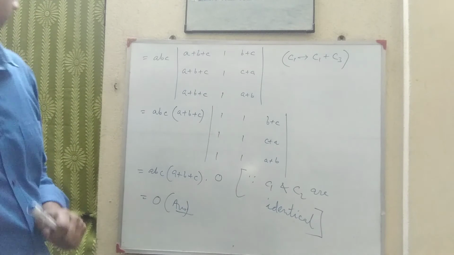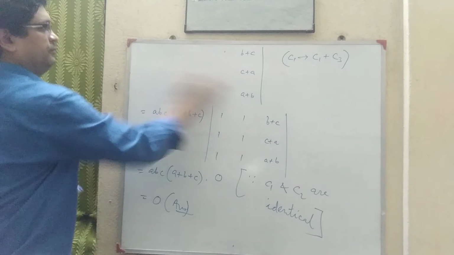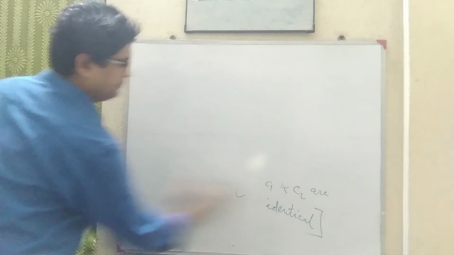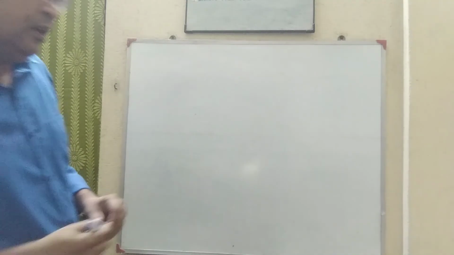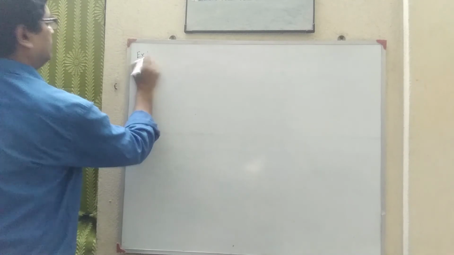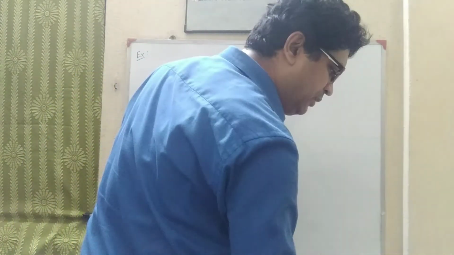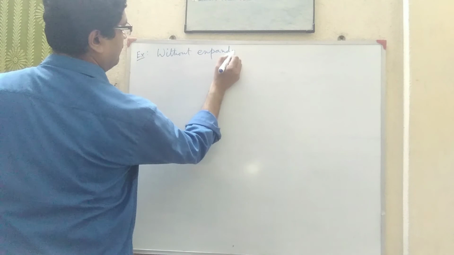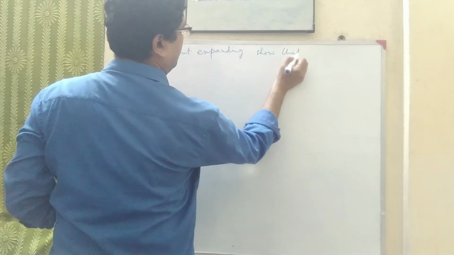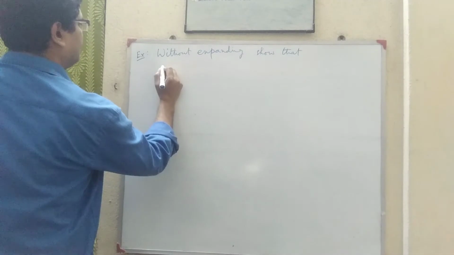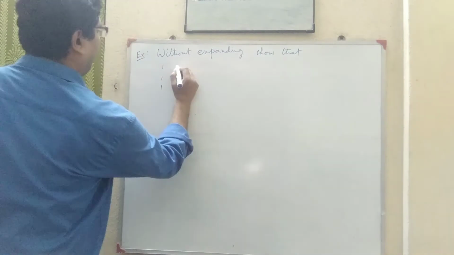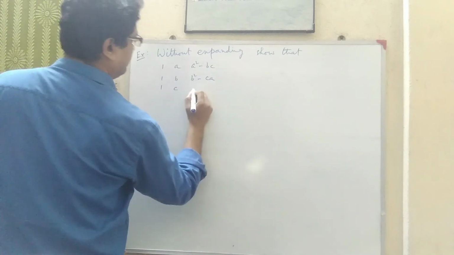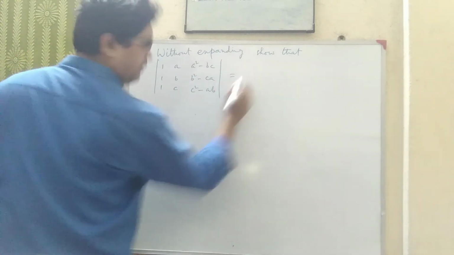So let's go to the next example. Next example is: without expanding, show that the determinant with rows 1, 1, 1; a, b, c; a square minus bc, b square minus ca, c square minus ab is equal to 0.